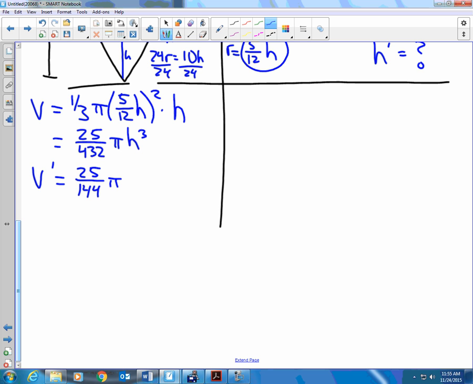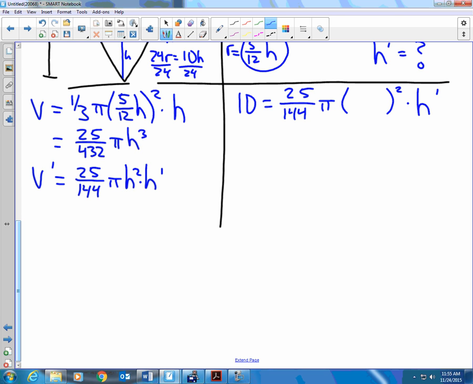And then what's going to happen here? H squared, h prime. I'm confident. All right, so we now solve. What is v prime? 10 equals 25 over 144 pi times h squared times h prime.